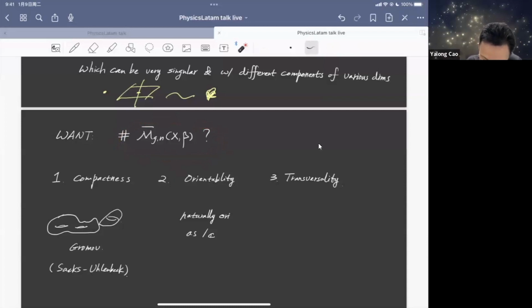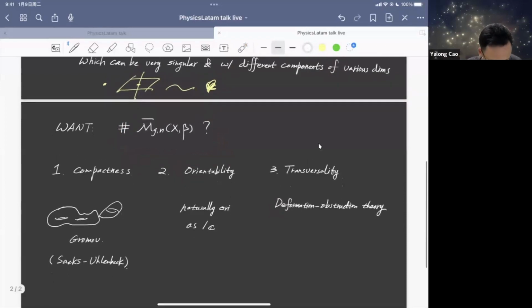Typically what people did is study the so-called deformation obstruction theory of your moduli problem.